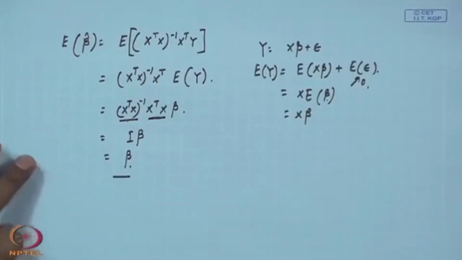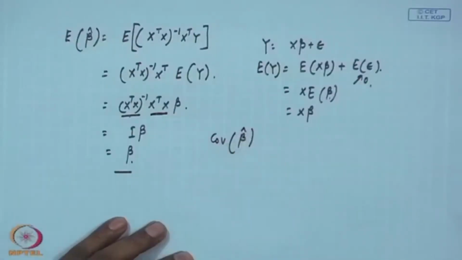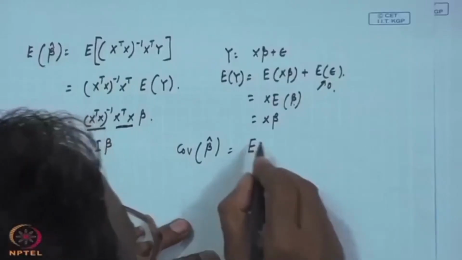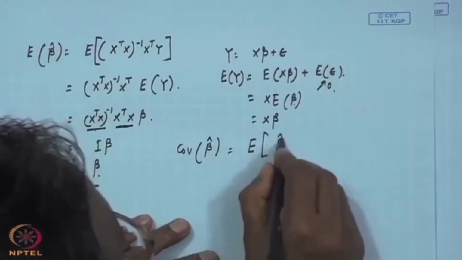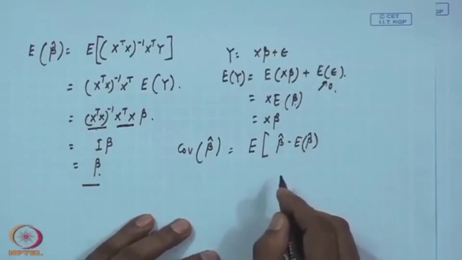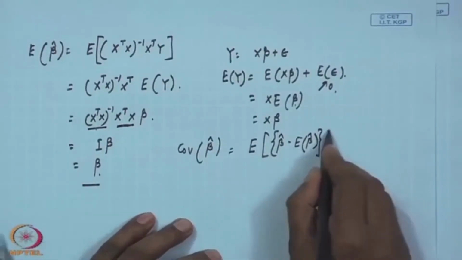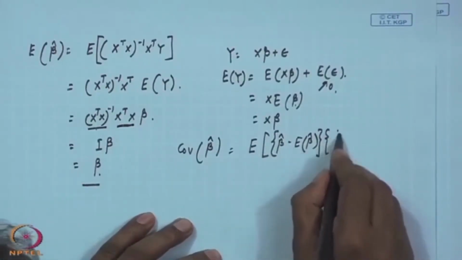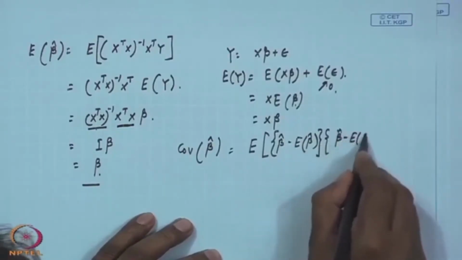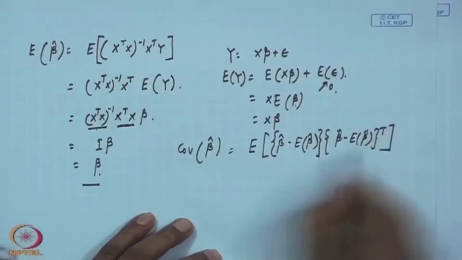What do you require now? You require covariance of beta cap. So this can be written like this: expected value of beta cap minus expected value of beta cap, into beta cap minus expected value of beta cap, this transpose.